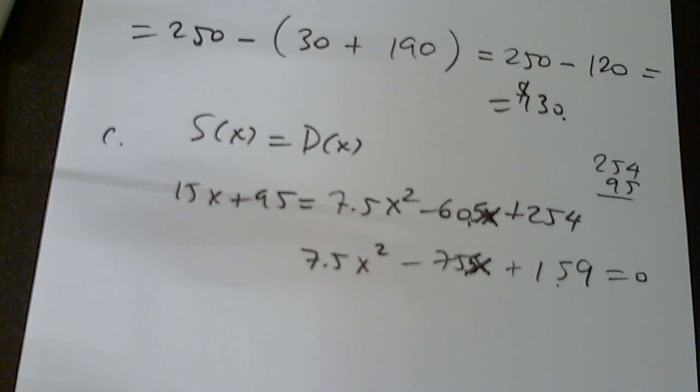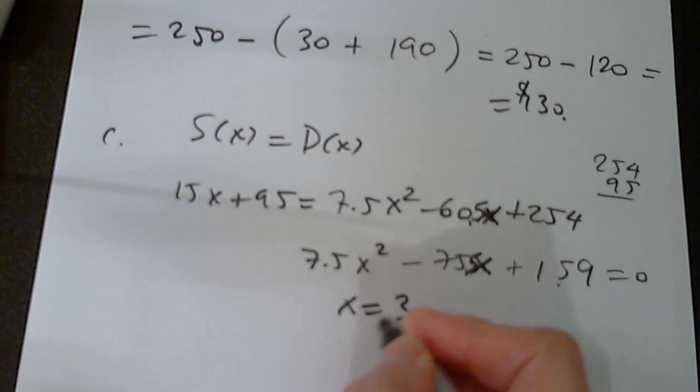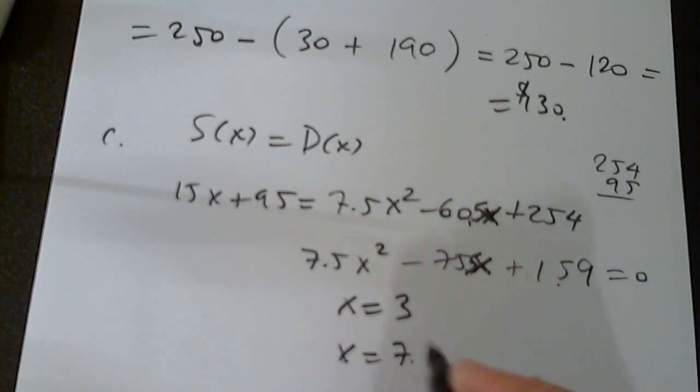No, no, no. We're going to go to apps 9 and 7.5 is the leading coefficient, negative 75.5 the middle coefficient, and 159 the free term. Okay, so then x equals 3 and x equals 7.1.